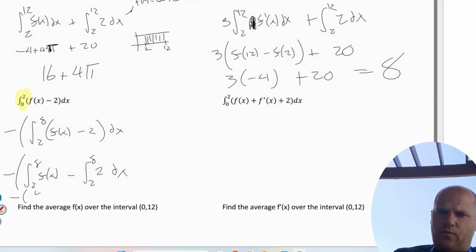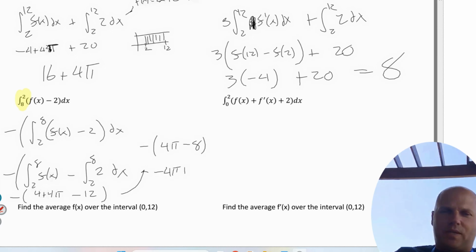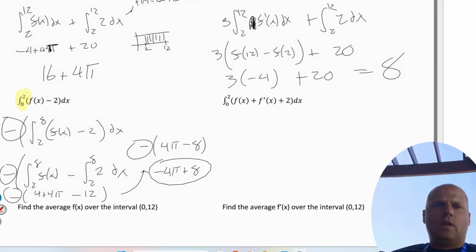Take the opposite of 4 plus 4 pi. Subtract this is 6 by 2, 12. So I'll have the opposite of 4 pi minus 8. I will get negative 4 pi plus 8. It's very important to deal with this later, not right away.